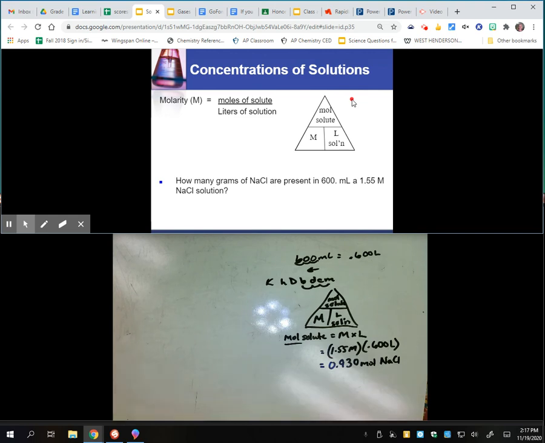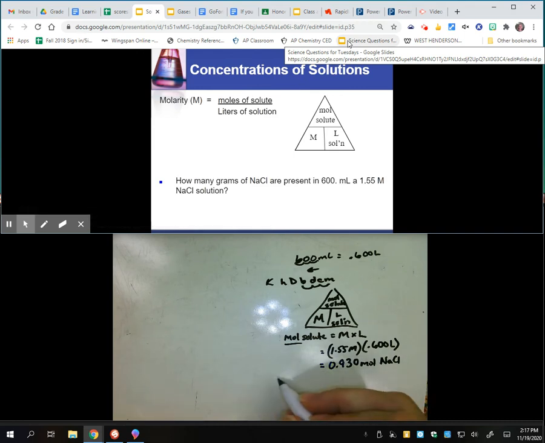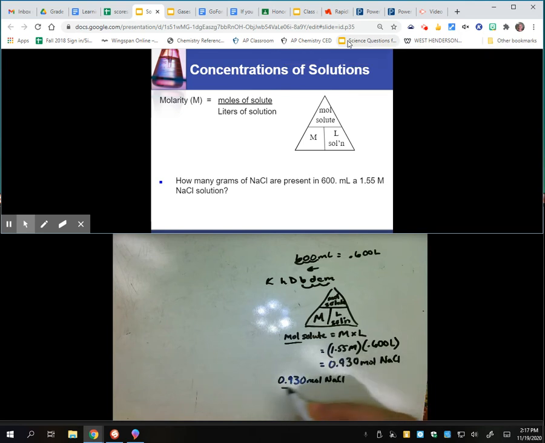Okay, we're almost there, but they didn't ask for moles, they asked for grams. But that's easy. We can go from moles to grams using molar mass. So 0.930 moles NaCl. And then I need to get the molar mass using the periodic table.